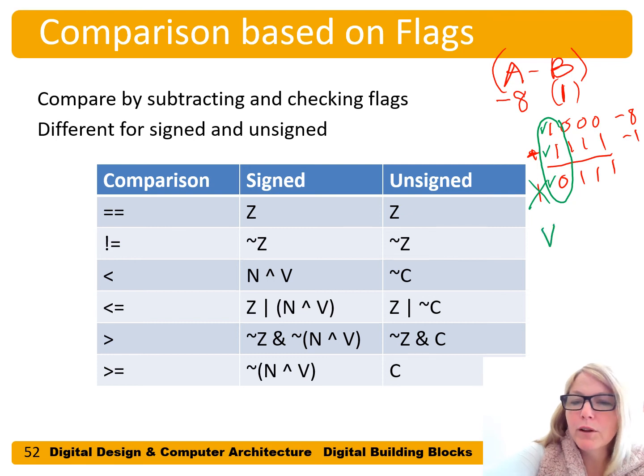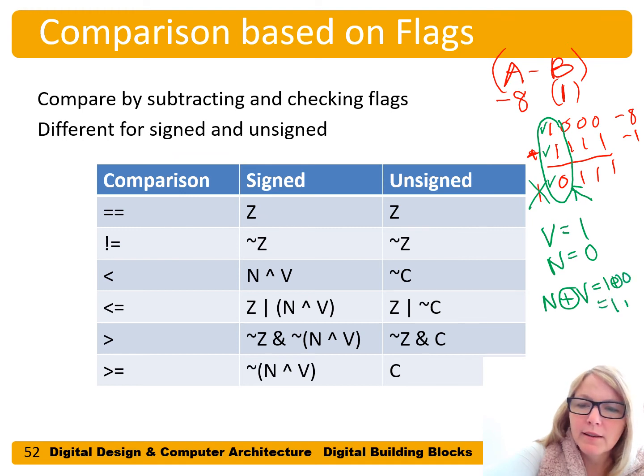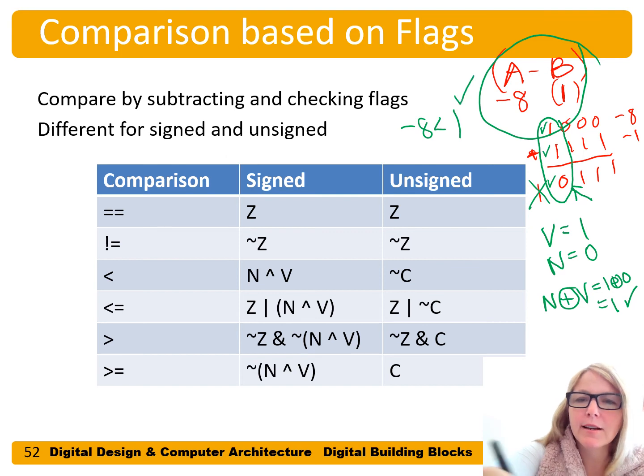So overflow occurred in this case, and the negative flag, that most significant bit, is 0. So if we XOR those together, and XOR overflow, we get 1 XOR 0 equals 1. In fact, A is less than B, which is exactly what we wanted, right? Minus 8 is less than 1. Check.